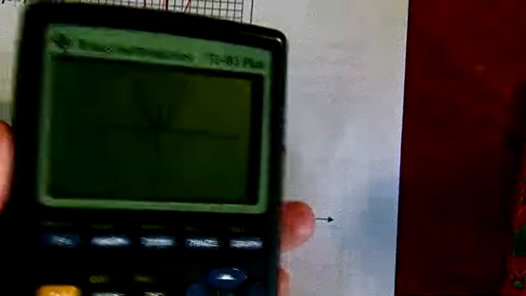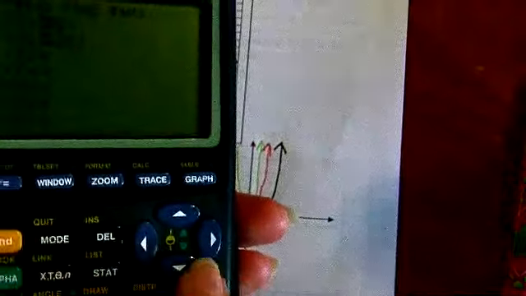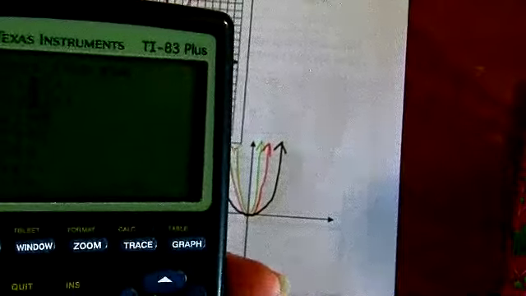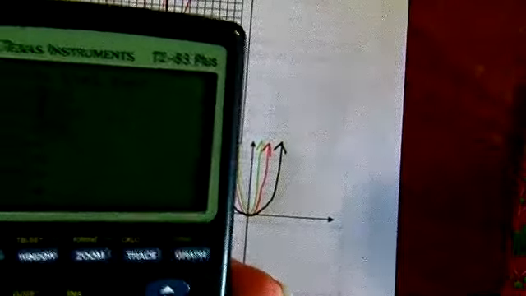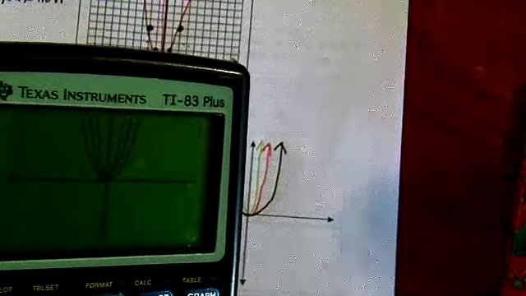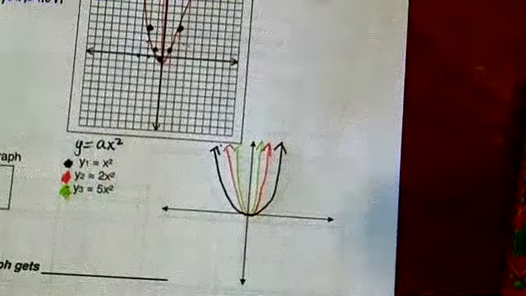And it's really not that difficult here. I'm going to go back to y equals and go down to the third one. Oops, went too far. 5x squared graph. And there, the third one is on the inside. So what's happening to each one?